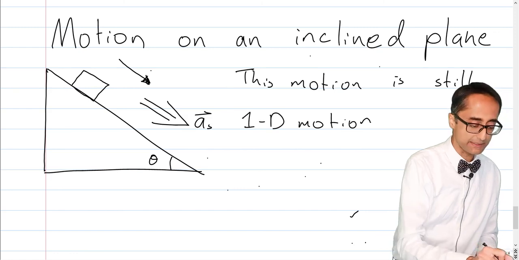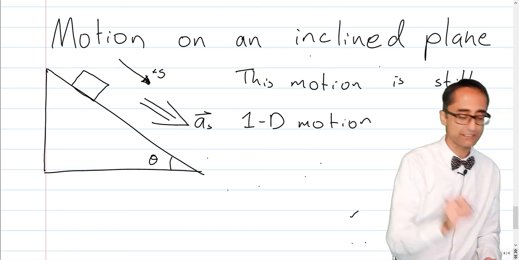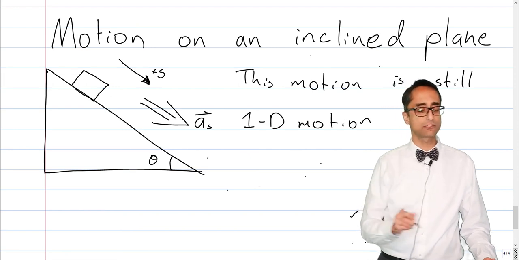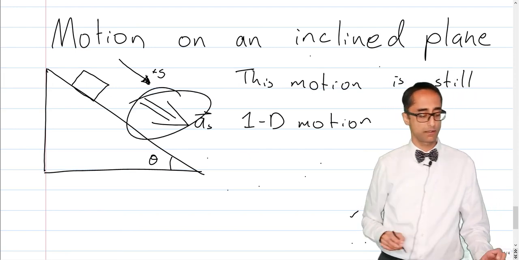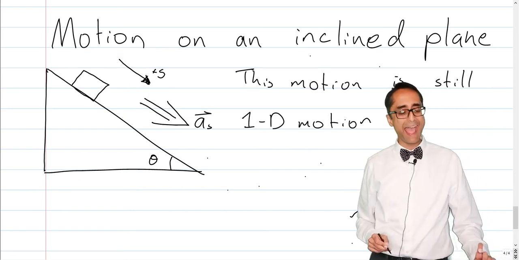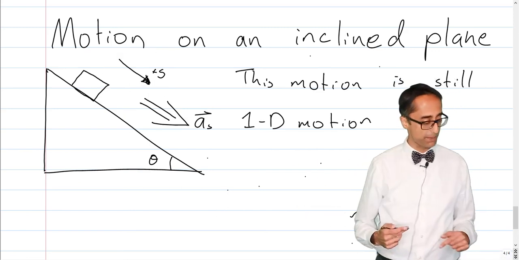This is my axes. I'm going to call that the S direction. And down the ramp is the positive S direction. This is just an arrow indicating motion. This is the arrow indicating the axes that I'm going to use to solve my problem.